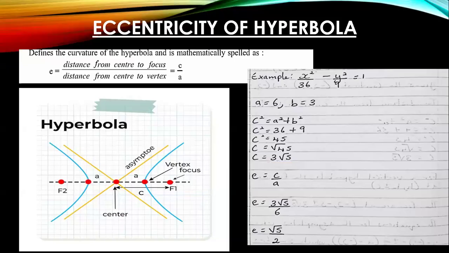Now that we know our c value, and we also know our a value, which is 6, we substitute that. So our eccentricity is going to equal root 5 divided by 2.